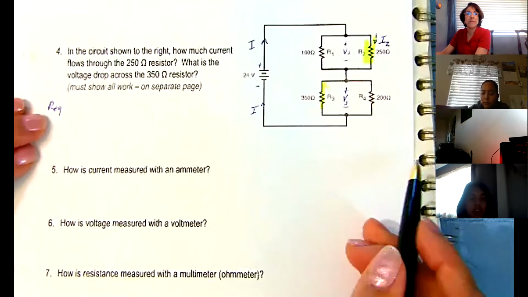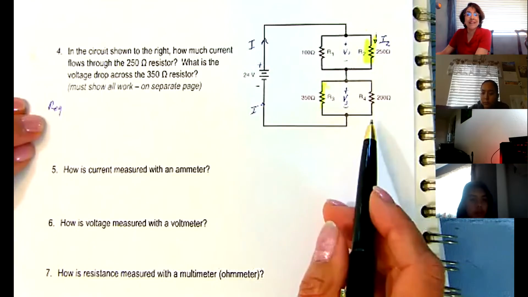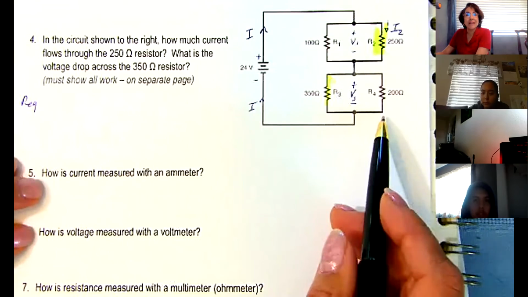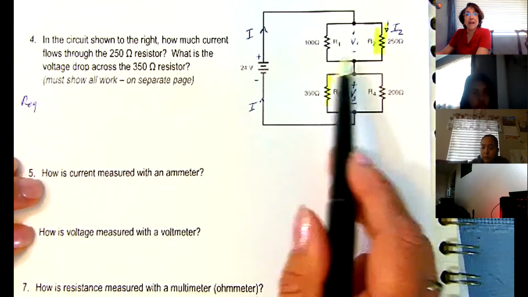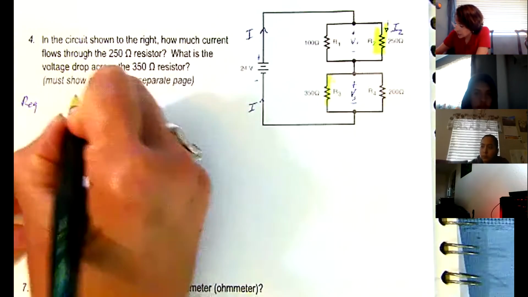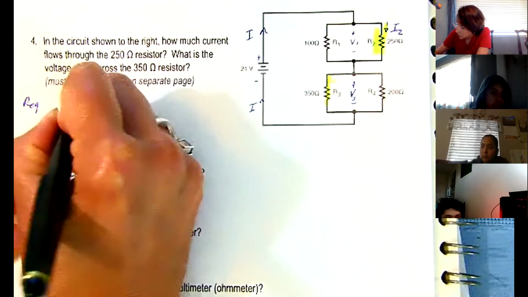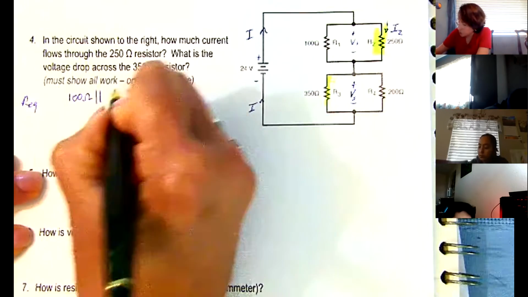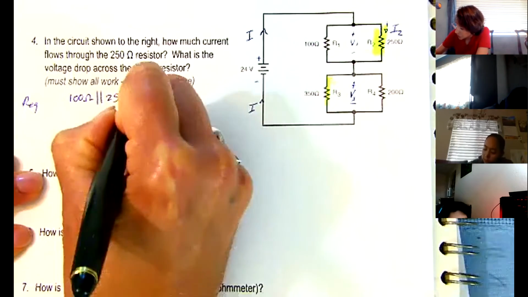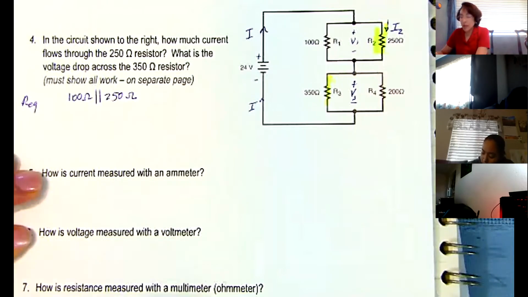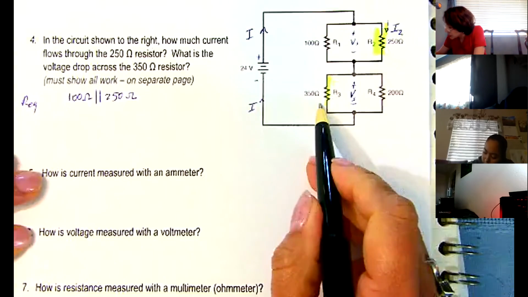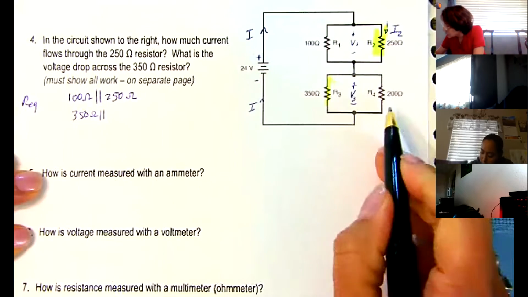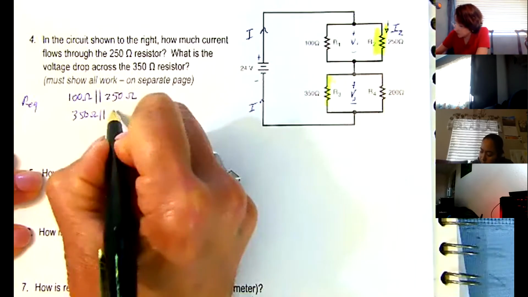I see 2 resistors in parallel. Which ones? R1, R2, and R3, R4. Good, so he sees this 100 ohm in parallel to this 250 ohm. Muy bien. And he also sees this 350 ohm in parallel to the 200 ohm.